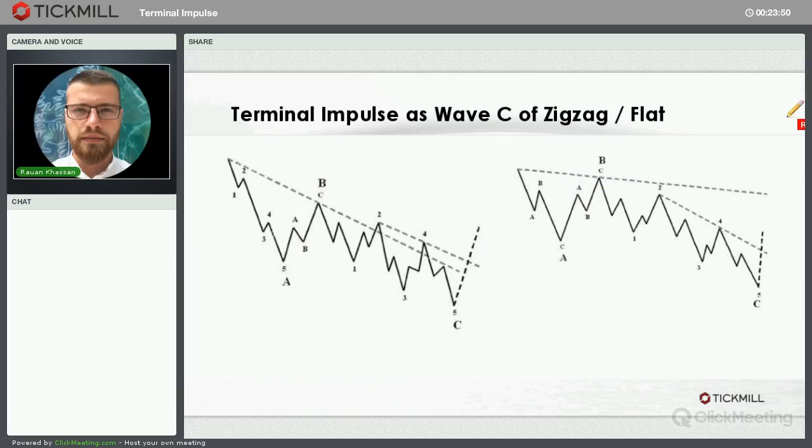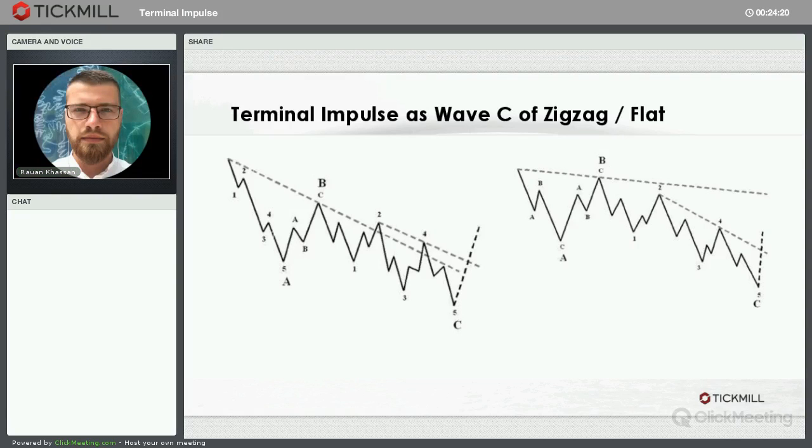So the left corner of the screen represents the zigzag, which is completed by terminal impulse. Of course, what is vital for any wave model is understanding what the basic signal line for it is, as it leads to a clear market decision.